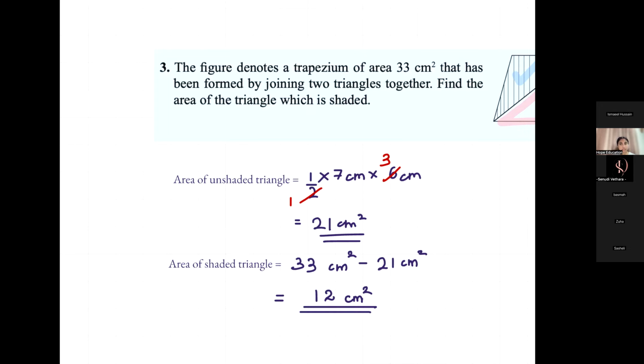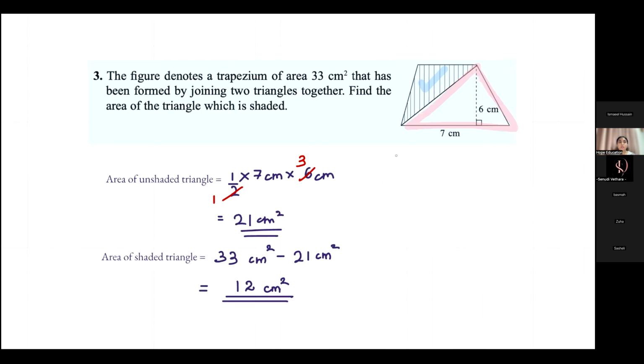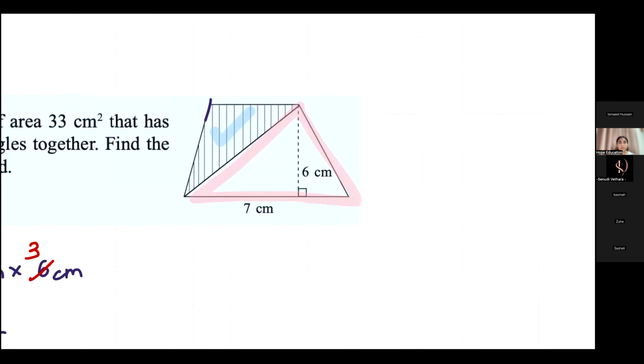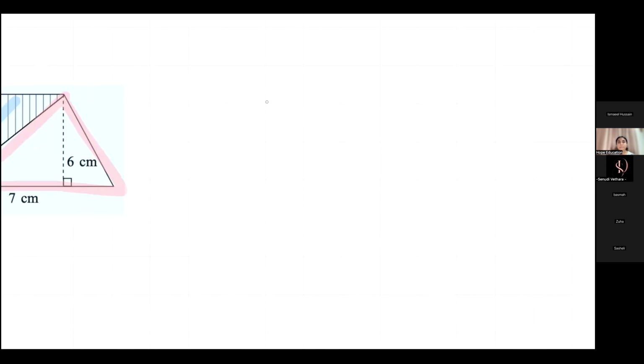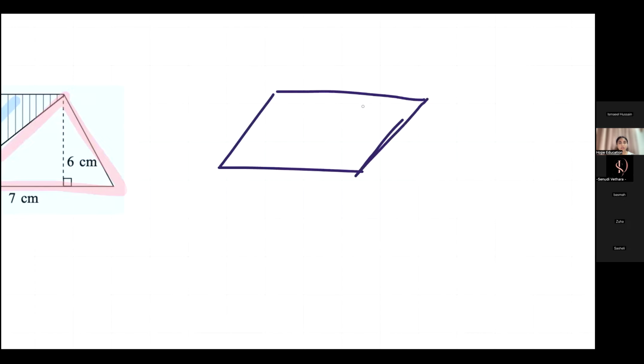Others also, I hope it's clear. No, this is not a parallelogram. Now this is a trapezium. The difference between a trapezium and a parallelogram is, in a parallelogram, opposite sides are parallel. Which one?